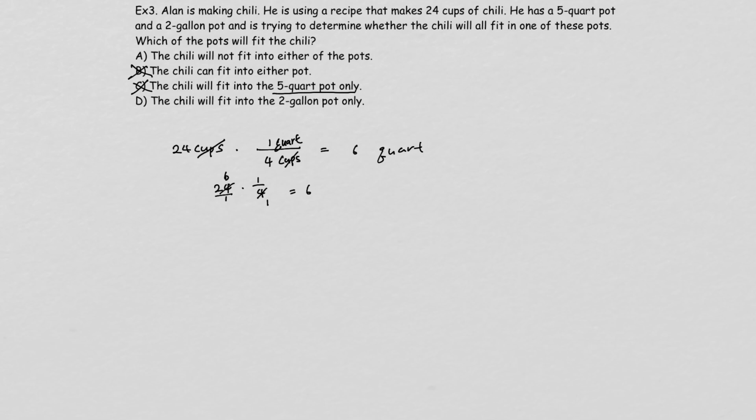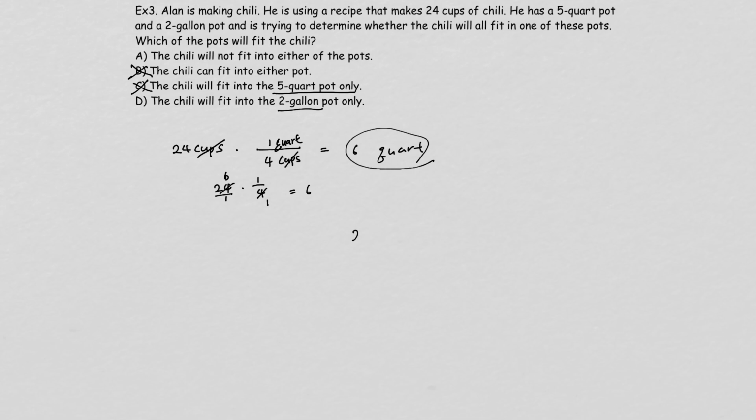And then let's see if 2 gallons, which is what's left, is equal to how many quarts. Because we already have quarts, right? So 2 gallons should be bigger than 6 quarts.